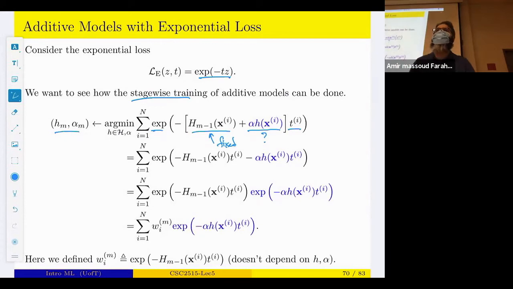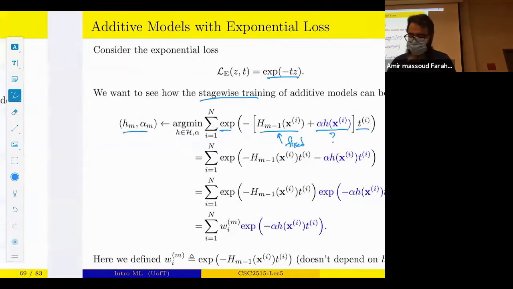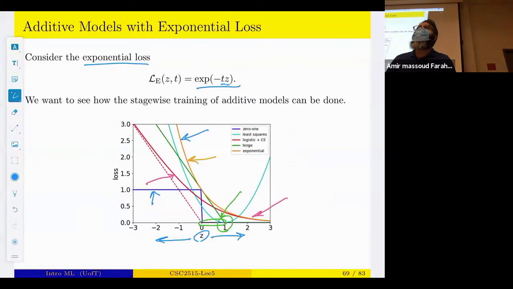There was a question, yes. In the previous slide, when would you want to use the exponential loss? That's a good question. The question is when do we prefer to use exponential loss? I don't have a very clear answer.